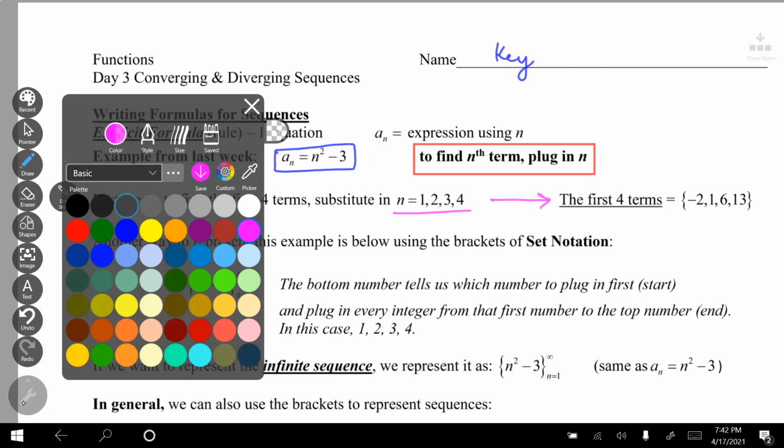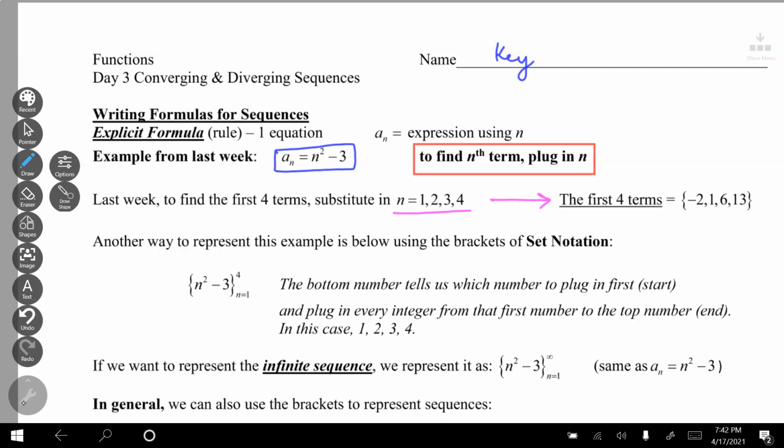Well, today we're going to work with something called set notation. So set notation is just another way to write sequences instead of using an explicit formula. It is based on an explicit formula, but you don't have the whole notation a sub n.